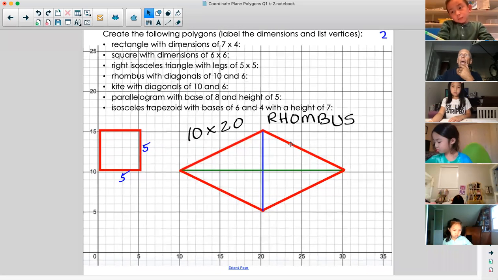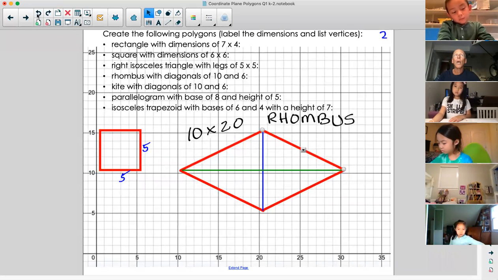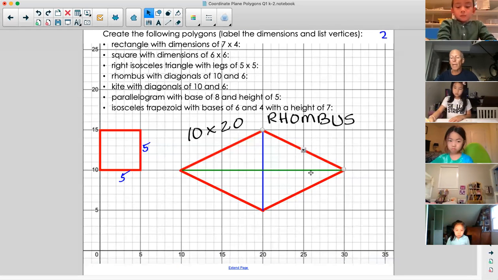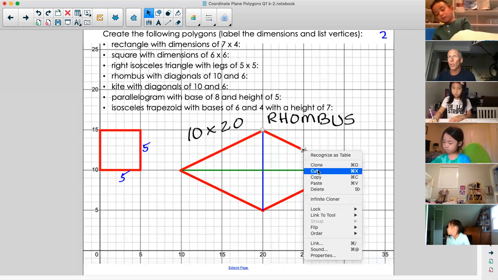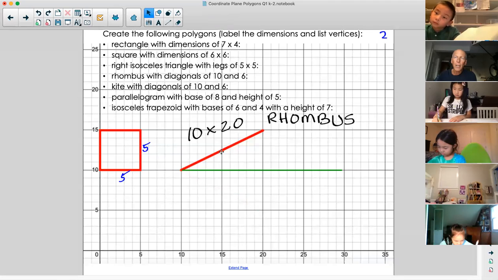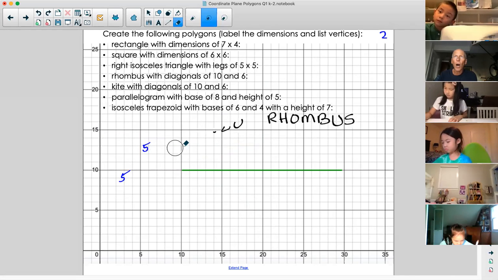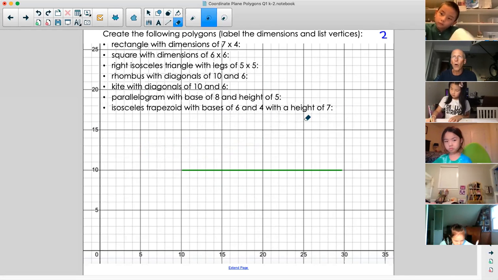You can draw an isosceles right triangle. There are so many things that you can do. And if you create one, then create another, and then another, and another, until you've created every type of polygon we've been talking about.